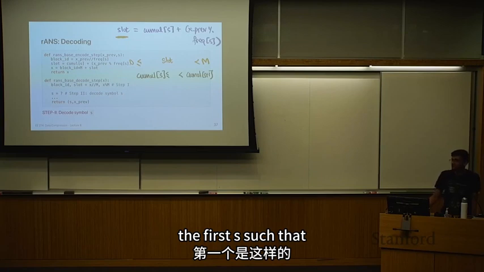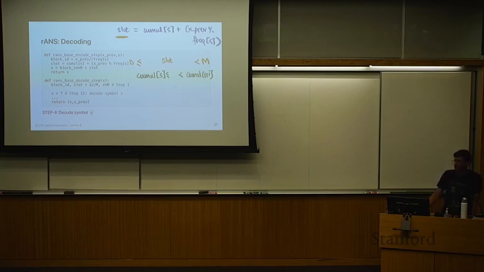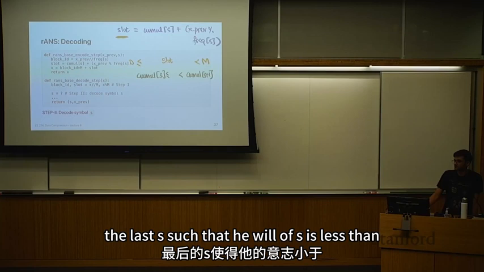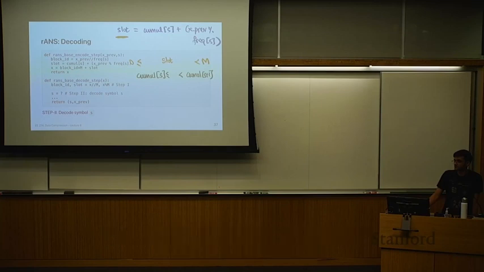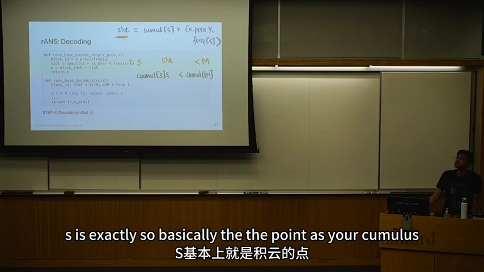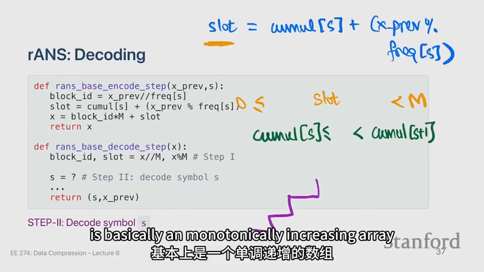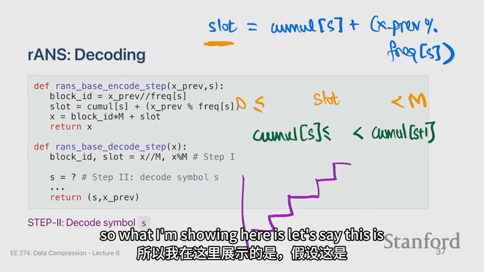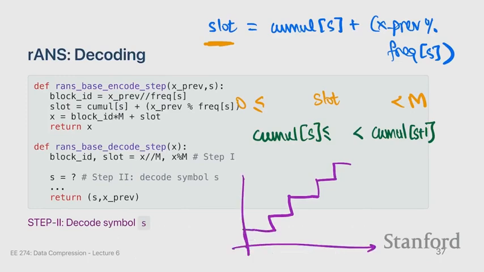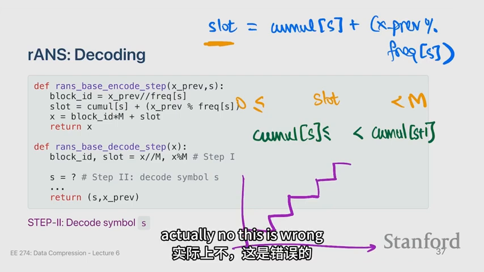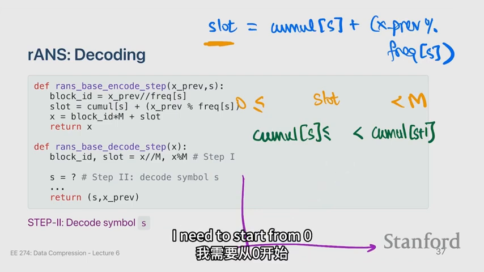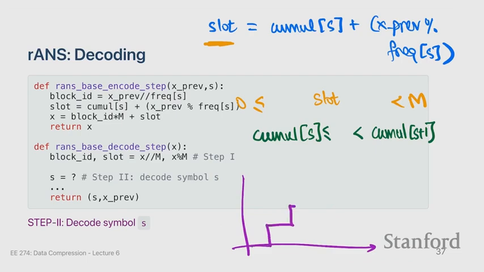The last S such that cumulative S is less than or equal to slot. Exactly. So basically the point is your cumulative is a monotonically increasing array. So what I'm showing here is, let's say this is, actually, no, this is wrong. I need to start from 0. Okay.